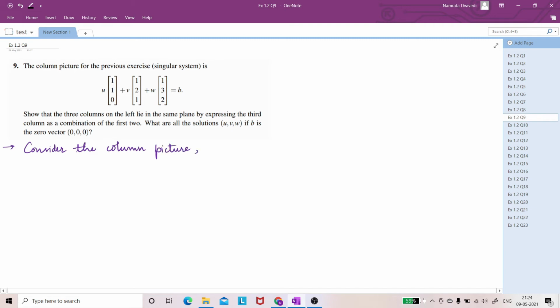What is the column picture stated as? u times 1 1 0 plus v times 1 2 1 plus w times 1 3 2 equals b. Now to show that these columns v1, v2, v3 lie in the same plane, we'll have to find the linear combination of these columns that yields 0.